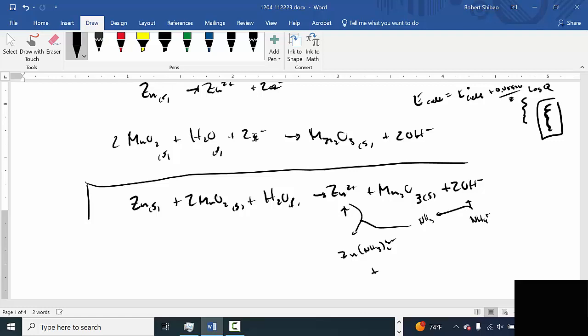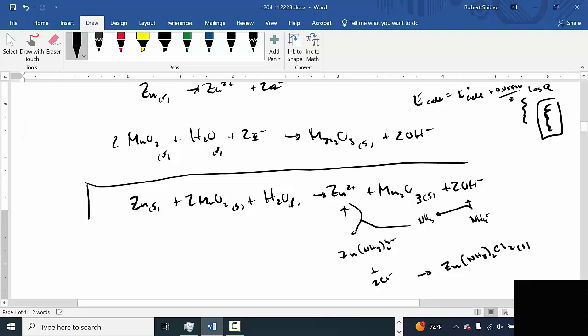Diamine zinc is not that common, so you didn't have to memorize it. But this is going to react with two free chlorides, and then it's going to precipitate out the diamine zinc 2 chloride, solid, PPT.